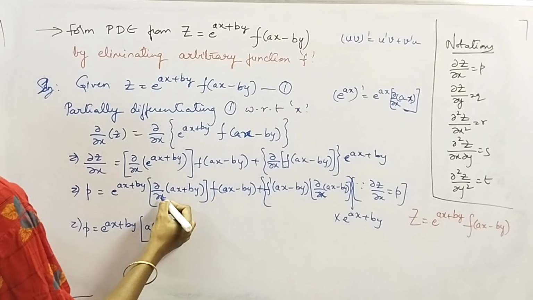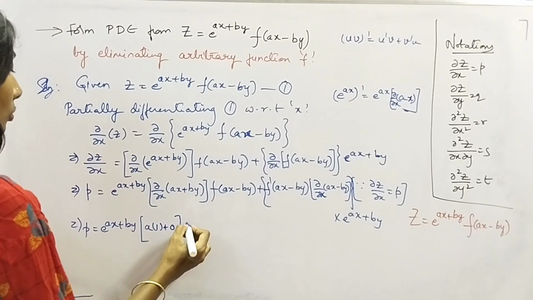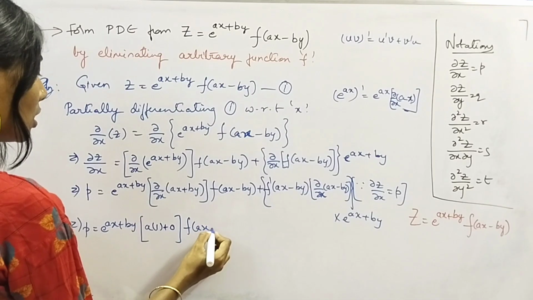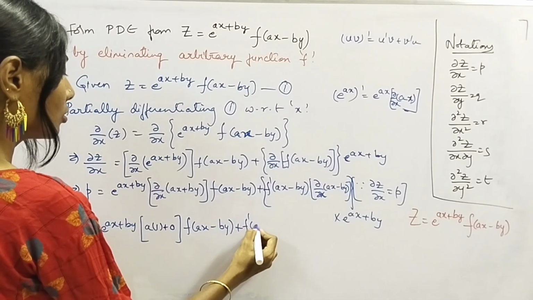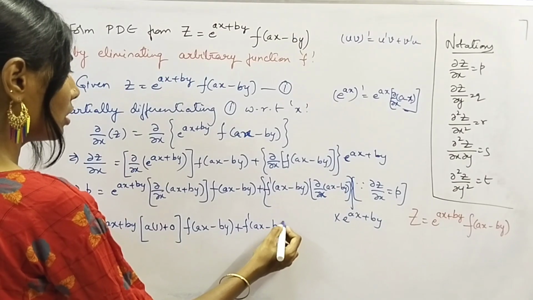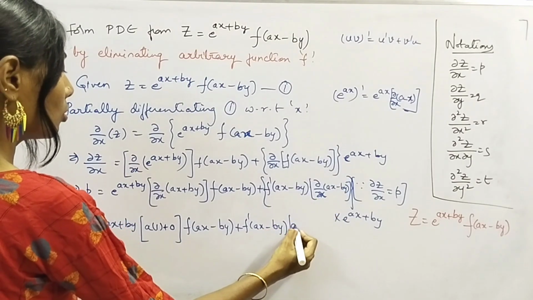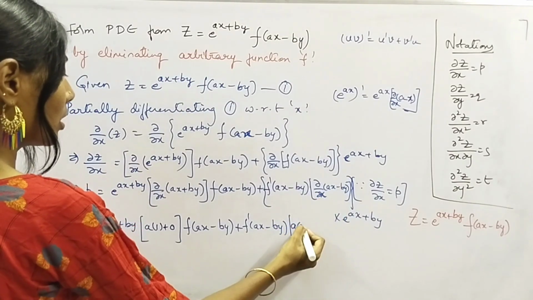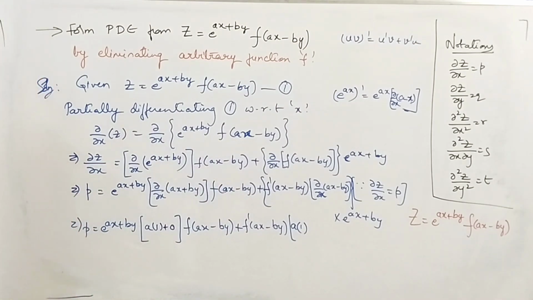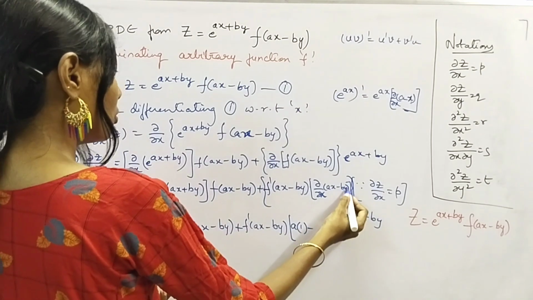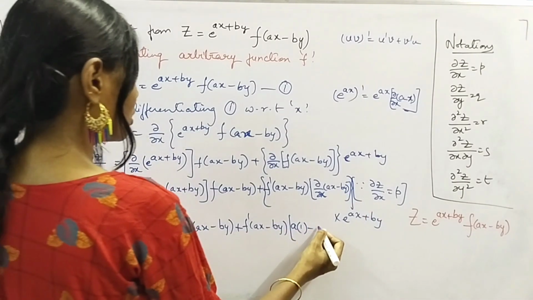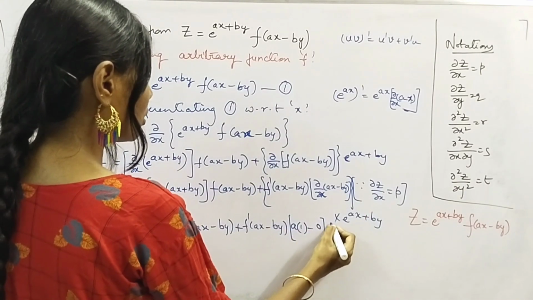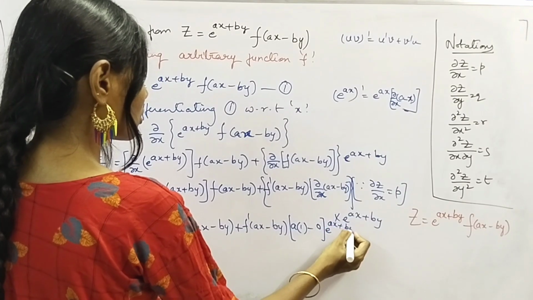Partial derivative of by with respect to x is 0, into f of ax minus by plus f dash of ax minus by into partial derivative of ax with respect to x is a simply, minus partial derivative of by with respect to x is 0, into e power ax plus by.